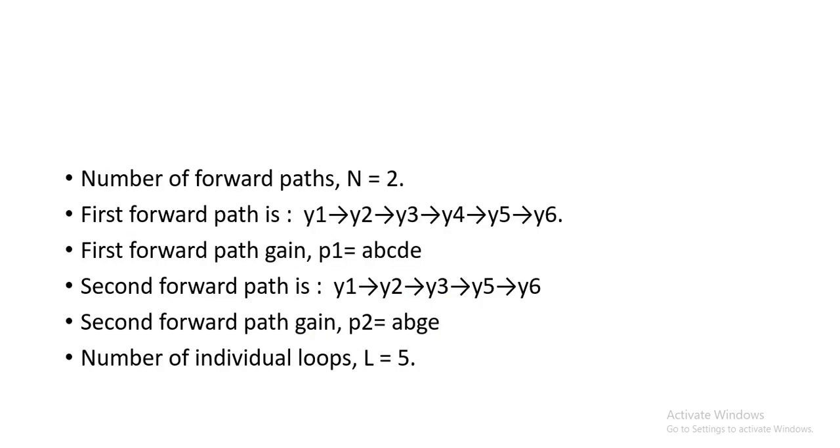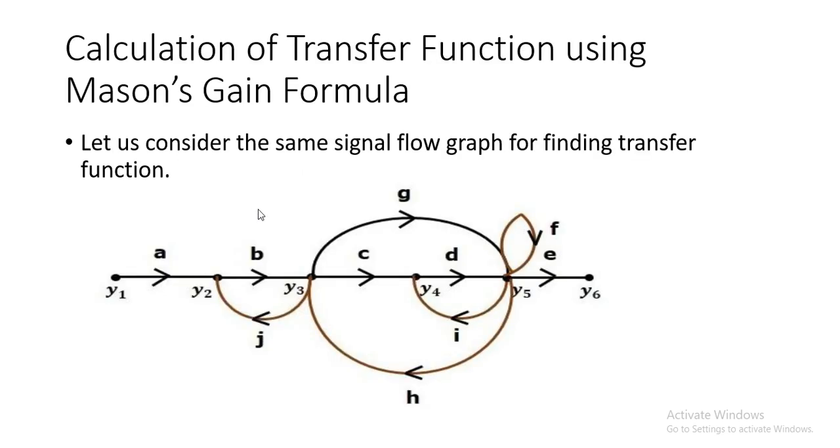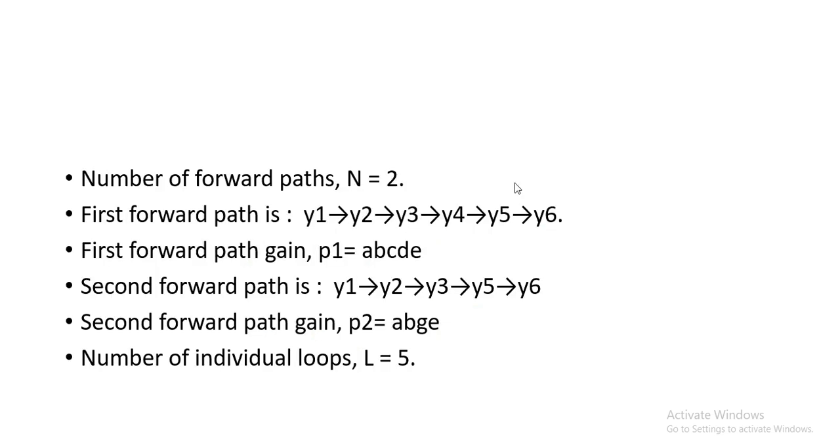If you see the basic things that we have seen, that is the number of forward paths in this diagram that we have already discussed. This is y1, y2, y3, y4, y5, y6. This is the first forward path, and the second is y1, y2, y3, then y5 and y6. This is the second forward path. So for this particular diagram there are two forward paths, so n is equal to 2.